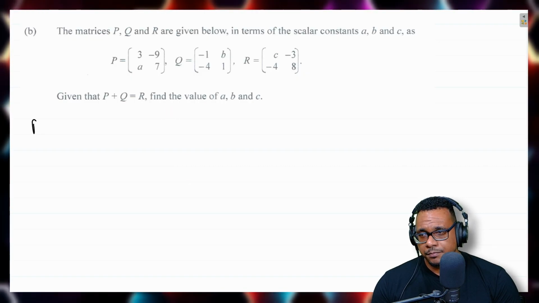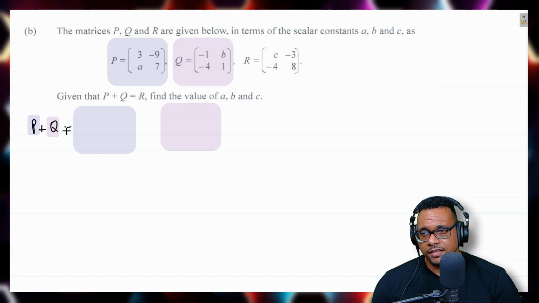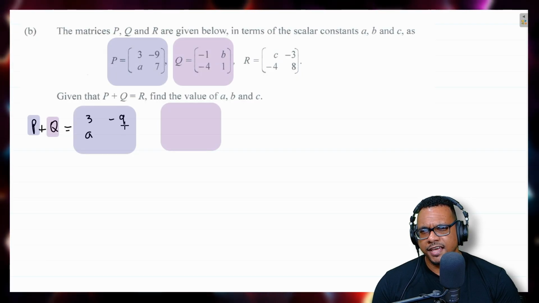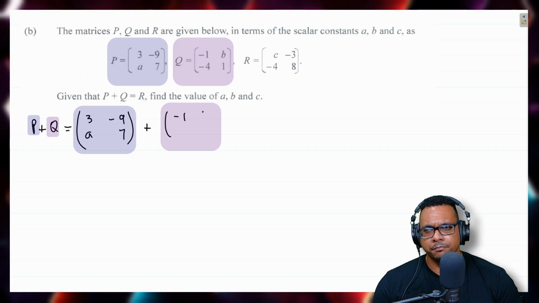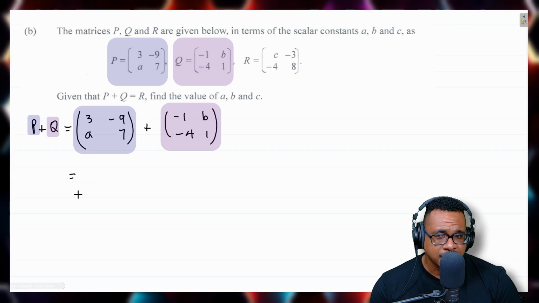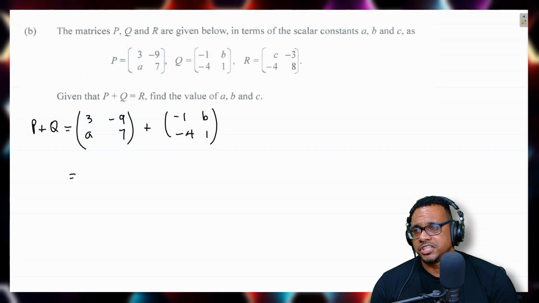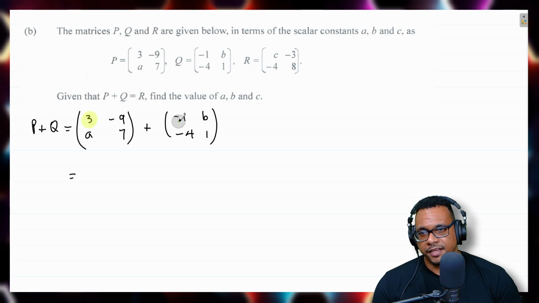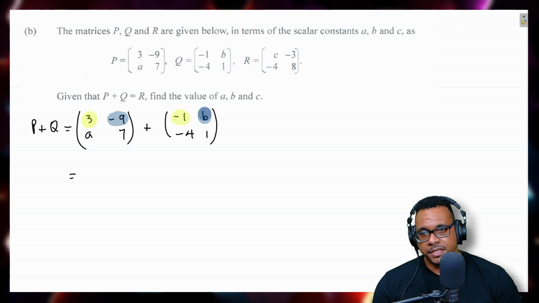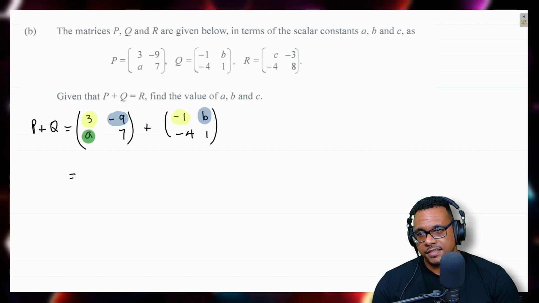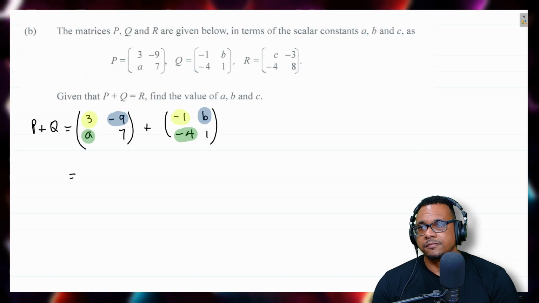All right, so let's set it up. P plus Q, that's equal to the matrix 3, A, negative 9, 7, plus Q, which is this matrix here, negative 1, B, negative 4, 1. So it's just addition of matrices here. Let's do a little shading. This 3 will line up with the negative 1. This negative 9 will line up with B. This A will line up with the negative 4.